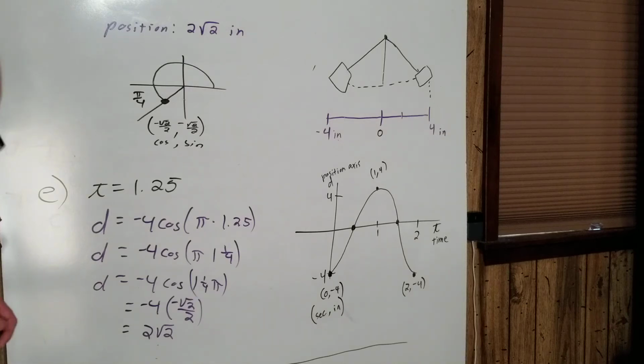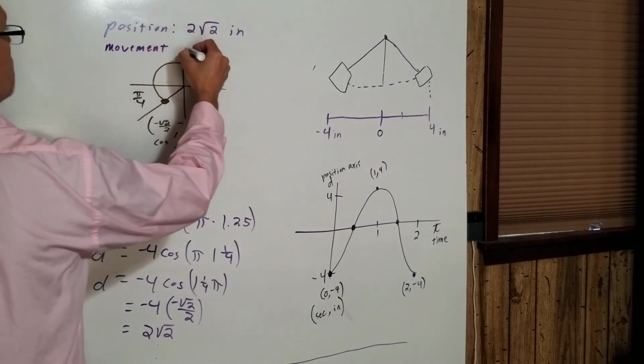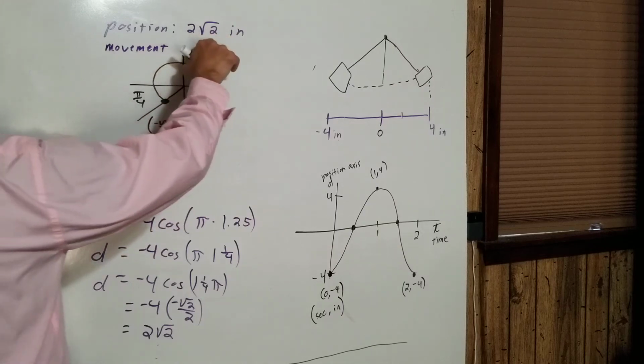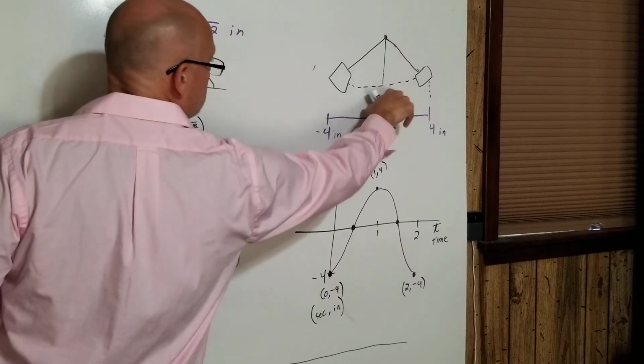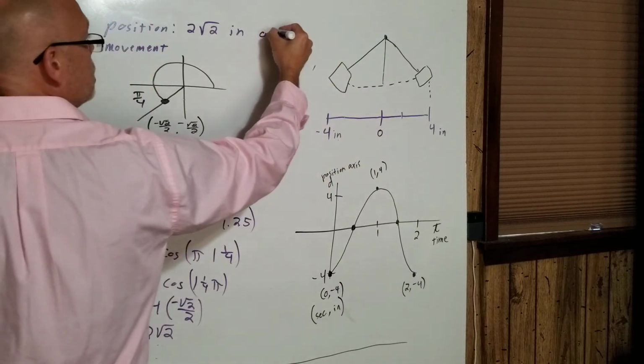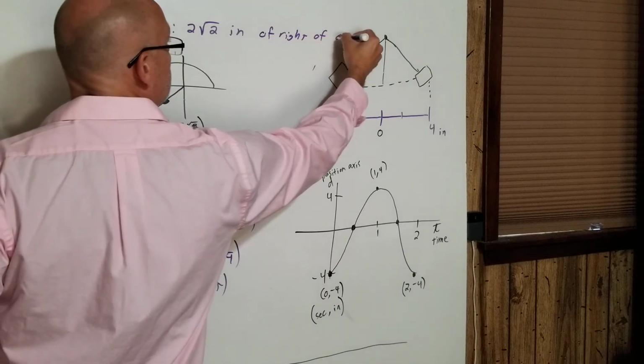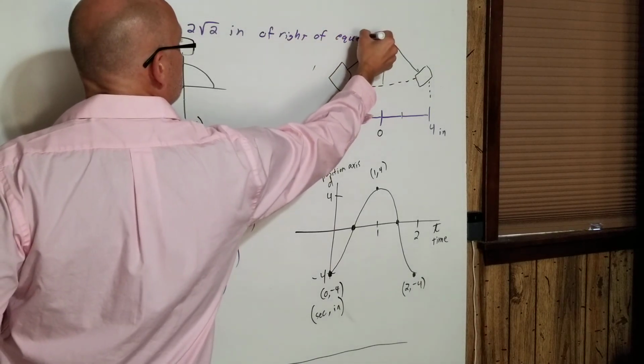And what do they want to know? The movement of the bob. Or I could say 2 square roots of 2 inches to the right of the equilibrium point. Because remember, that's the equilibrium point.